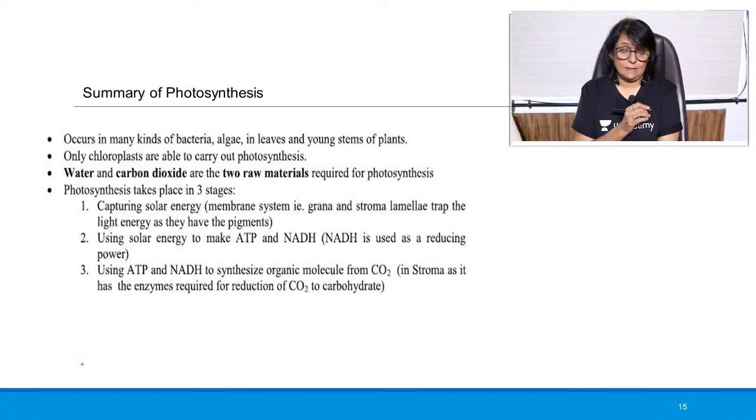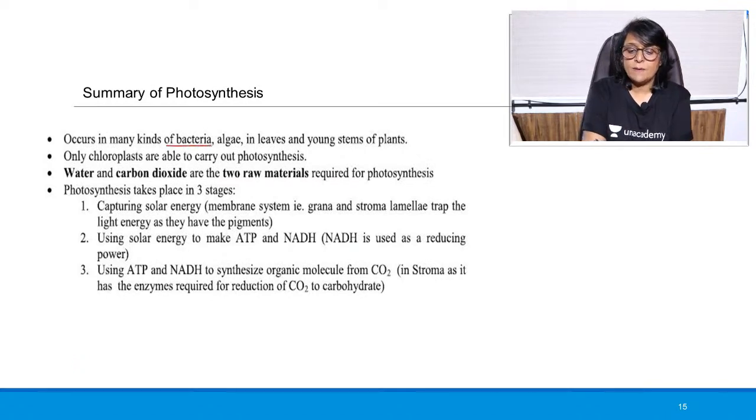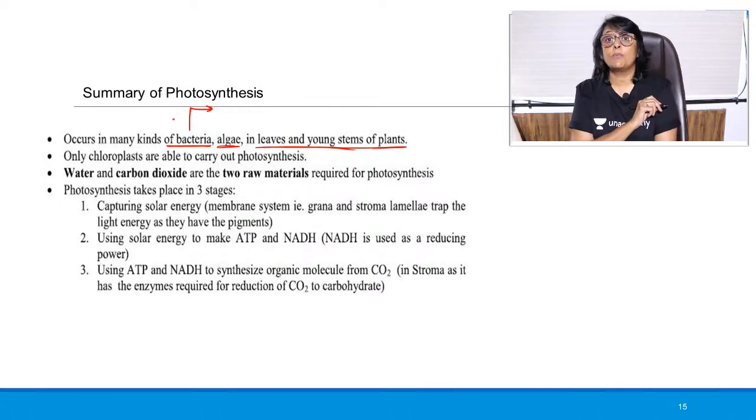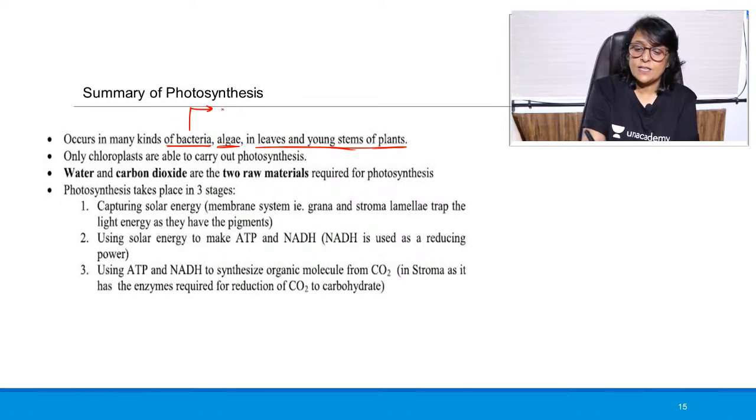In which organisms is photosynthesis going to take place? It takes place in many bacteria, in algae, and in leaves and young stems of plants. In bacteria, the photosynthetic process that takes place is called anoxygenic.